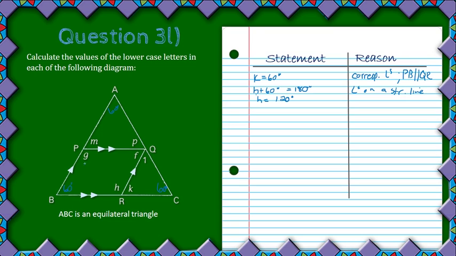Then we can find G quite easily, because if these lines are parallel and these lines are parallel, that means this is a parallelogram. And in a parallelogram, the opposite angles are equal. So therefore, G is equal to 120 degrees, opposite angles of parallelogram.